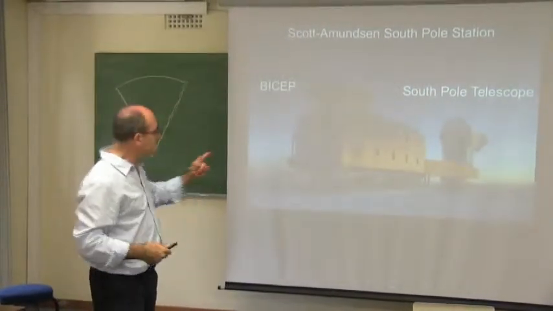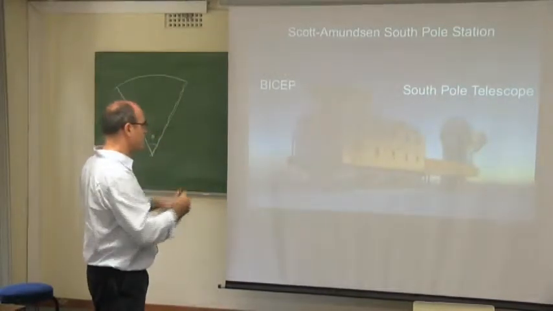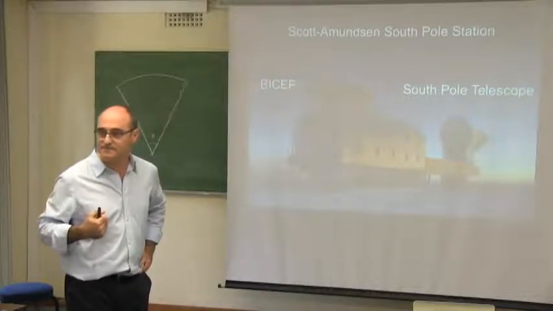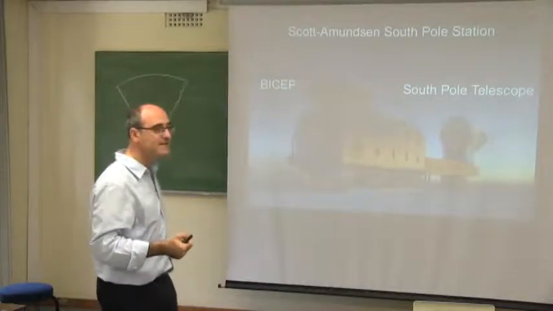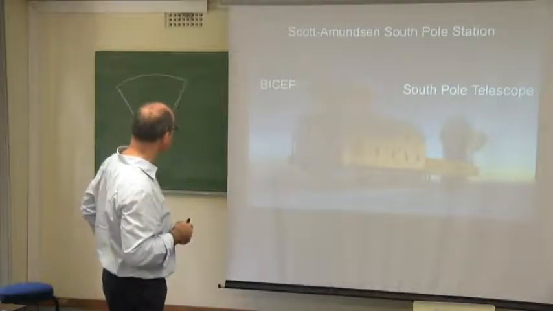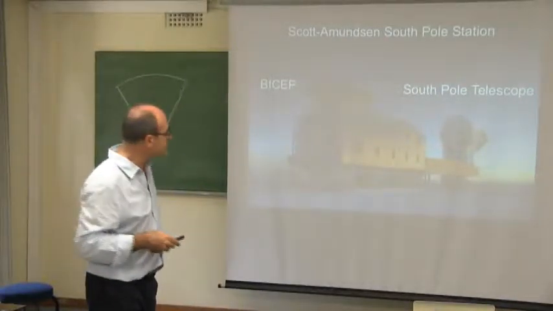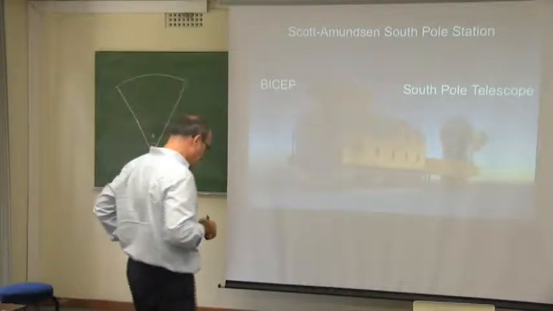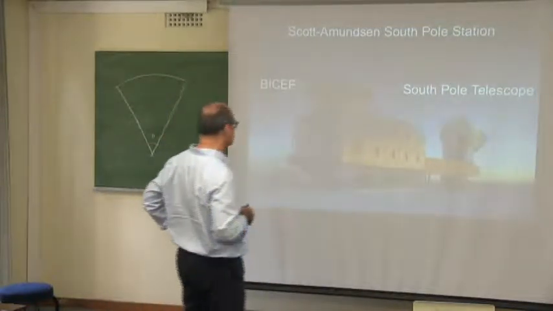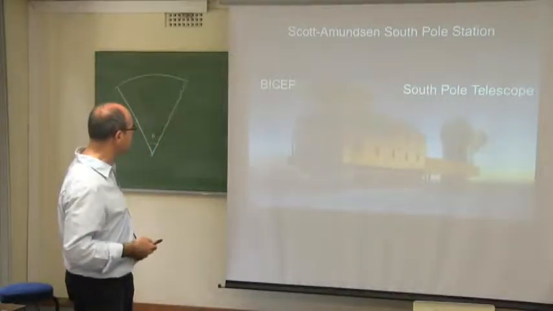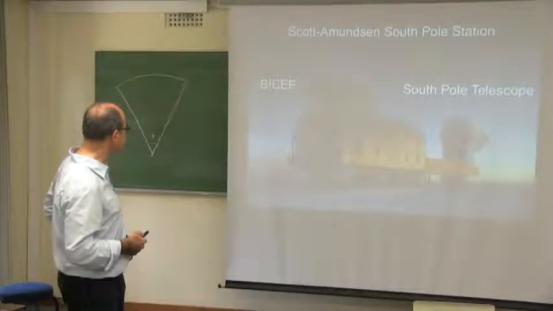So there has been this tremendous run for it. Many different experiments have tried to find this B-mode polarization, the famous B-mode polarization. And there are some experiments like BICEP who were a bit too hasty in advertising their results. There are others like the South Pole Telescope, the Atacama Telescope, and so on, which are still taking data.